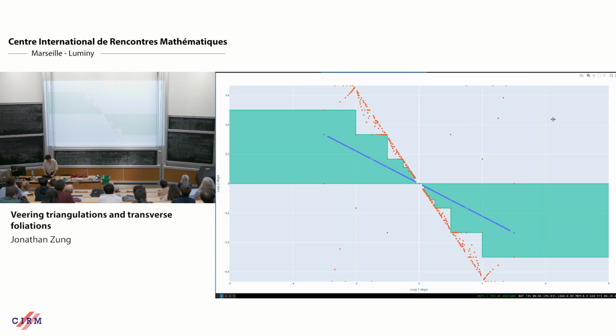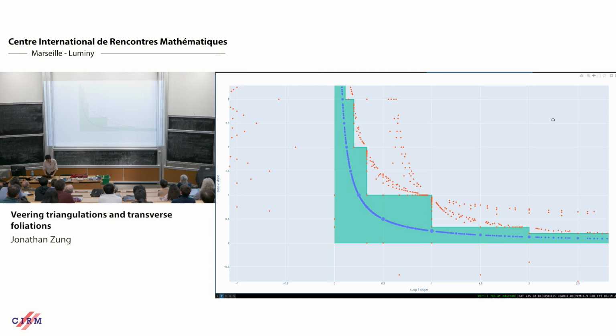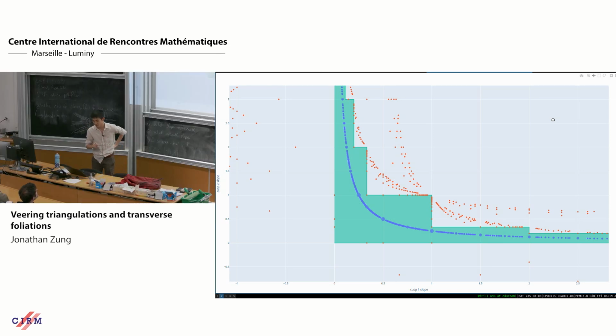Okay, so maybe I'll show you a few more examples of these kinds of pictures, to show the kinds of phenomena you see. This region Z is usually not bounded. Here I drew some different sized circles, and the sizes of the circles demonstrate the Euler characteristic of the corresponding fiber.